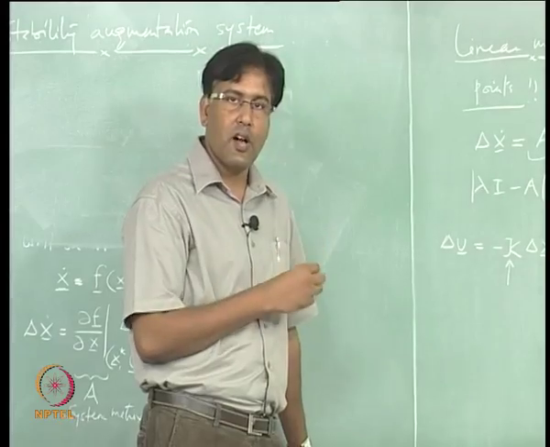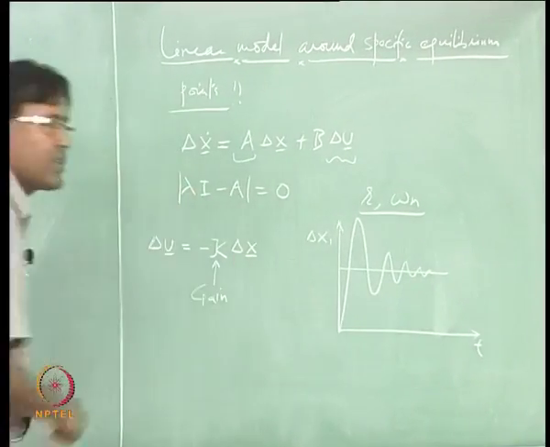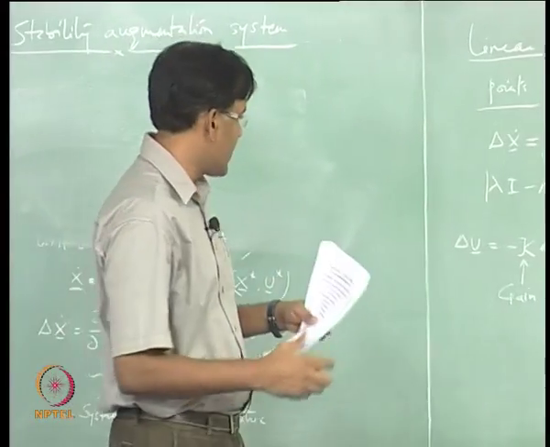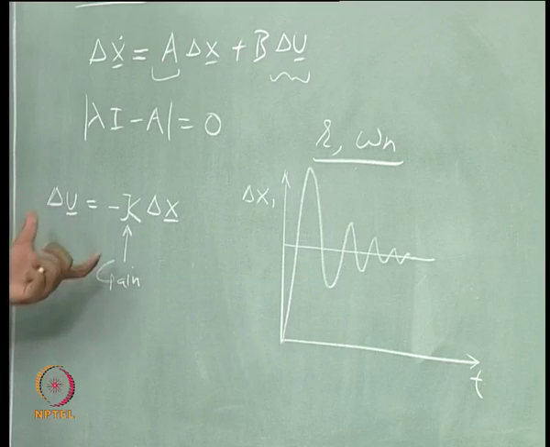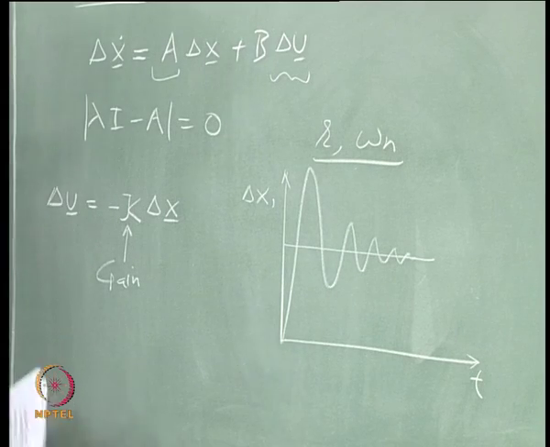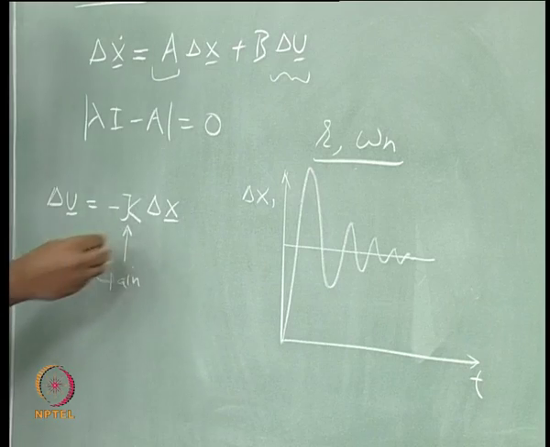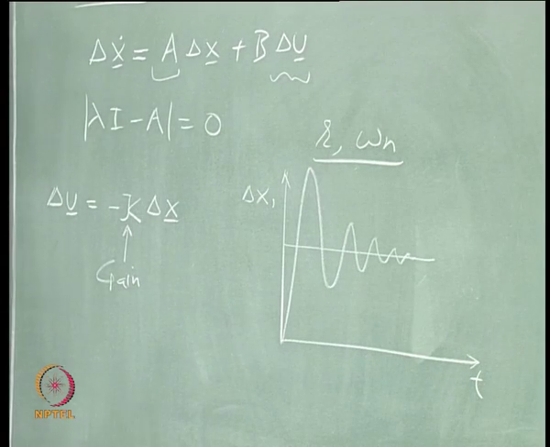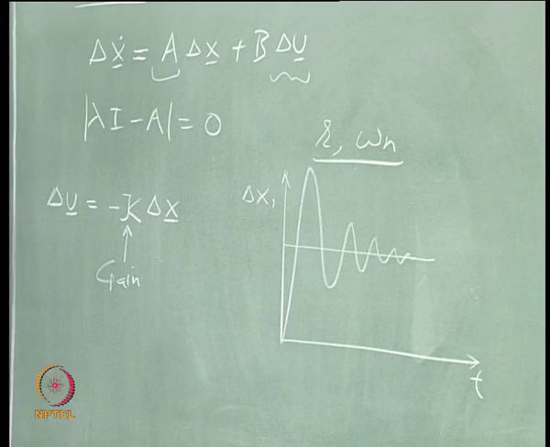This k is called gain, and it can be a matrix, because we want to control the response of aircraft in different variables, then this k is not just one gain, but a matrix of gains or a vector of gains.